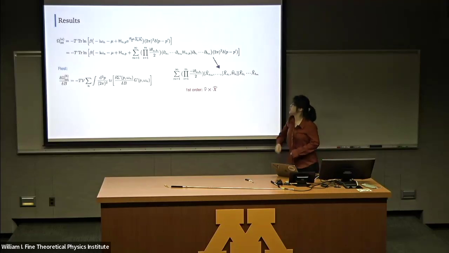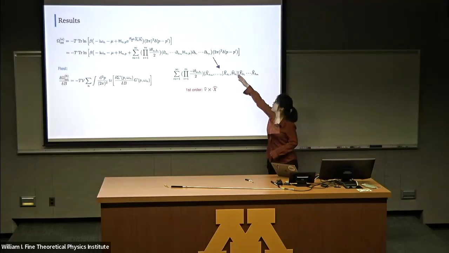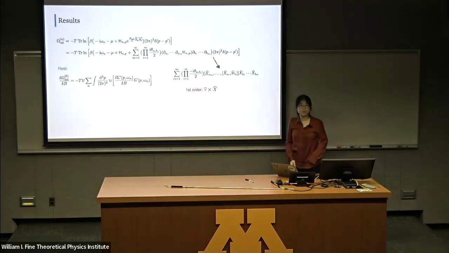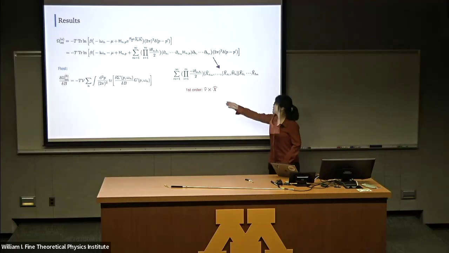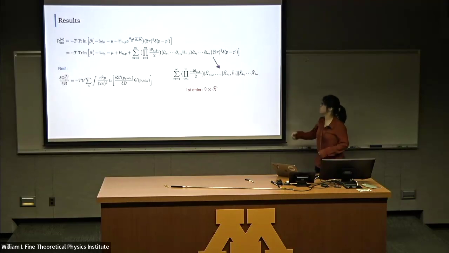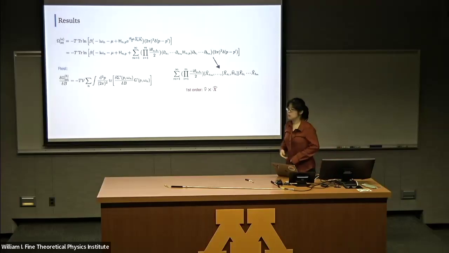This looks not intuitive, but let me try to write down this magnetic field dependent part in terms of operators we are familiar with. For example, the first order term can be written as operators of velocity and position. We can also do a similar thing for the higher order terms in the magnetic field. This is the term inherited from the non-interacting Hamiltonian.